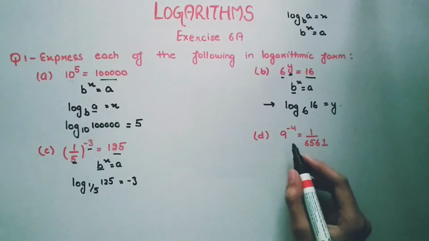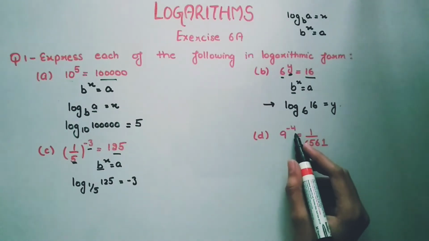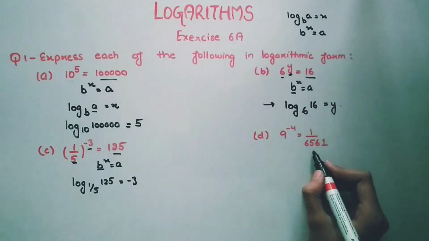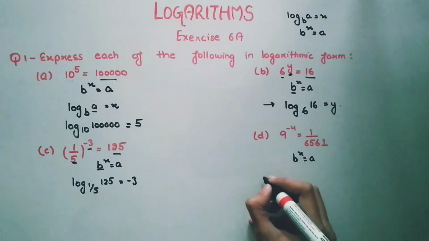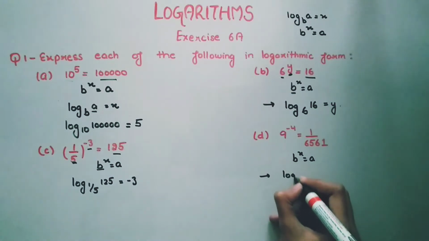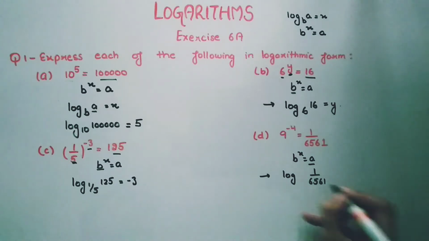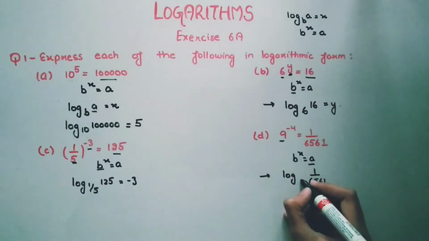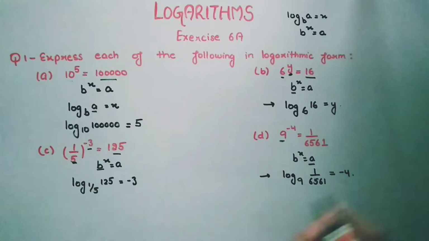Similarly here we have the exponential form 9 raised to power minus 4, which is 1 divided by 6561. To change it into the logarithm form we have log of a, which is 1 divided by 6561, to the base b, that is 9, which is equal to x, minus 4.